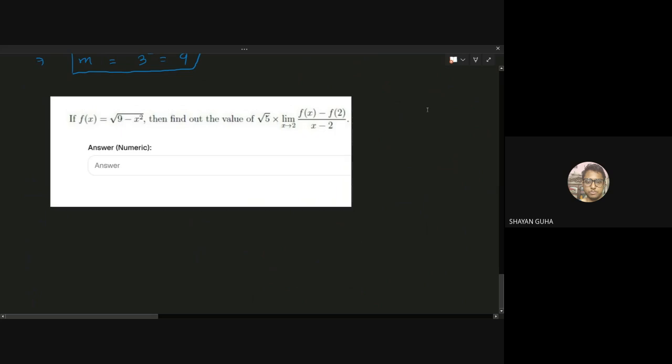You are given f of x as root over 9 minus x squared. You have to find the value of this particular limiting expression.